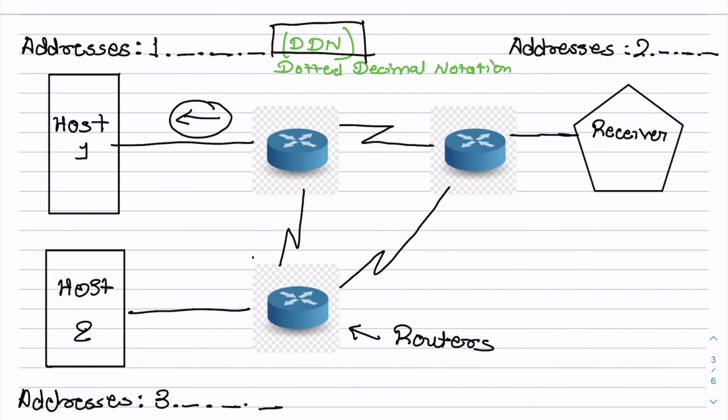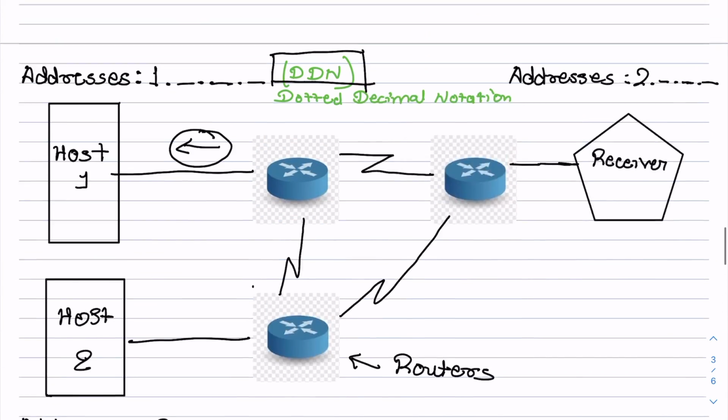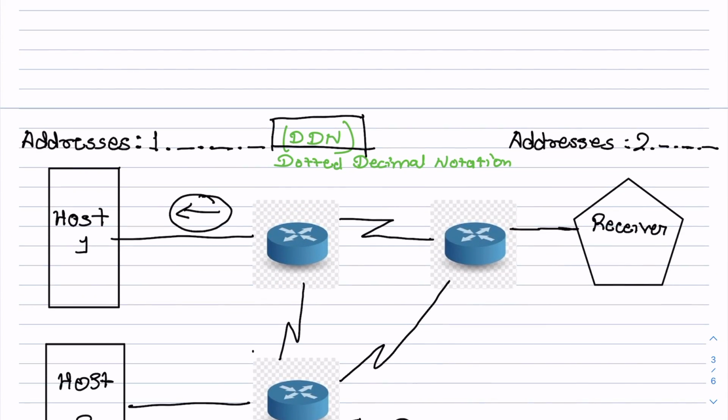Now the router will know where the receiver is. How does a router know? The router knows the receiver through the IP address of the receiver. So it will send the mail towards the receiver, maybe directly or through another router. So this is where the postal service and the network layer come together.